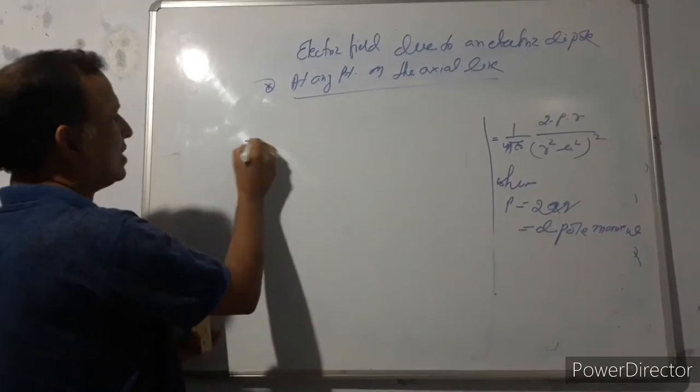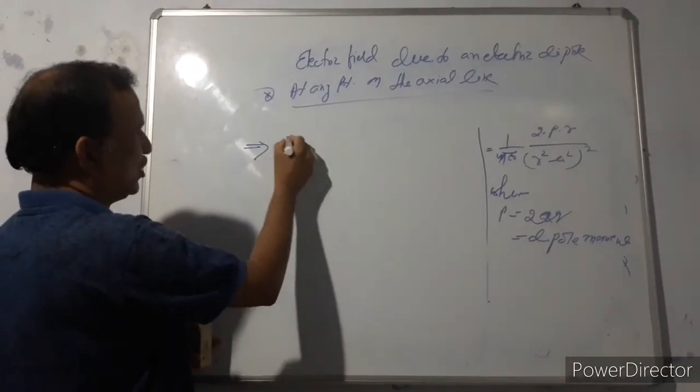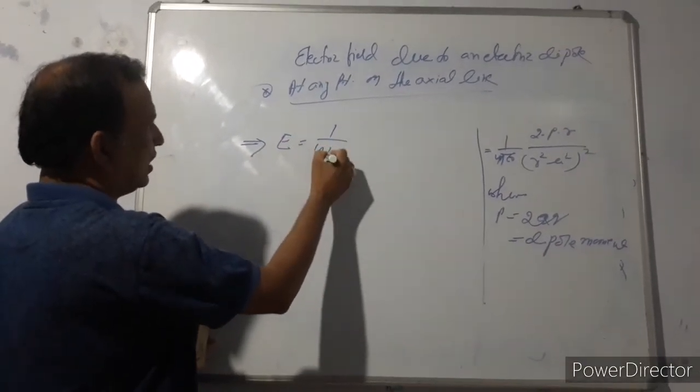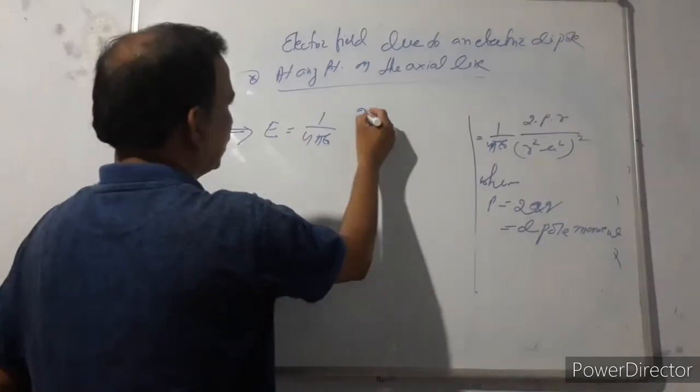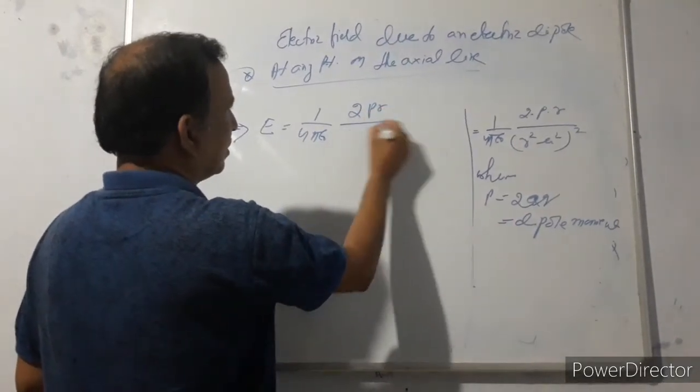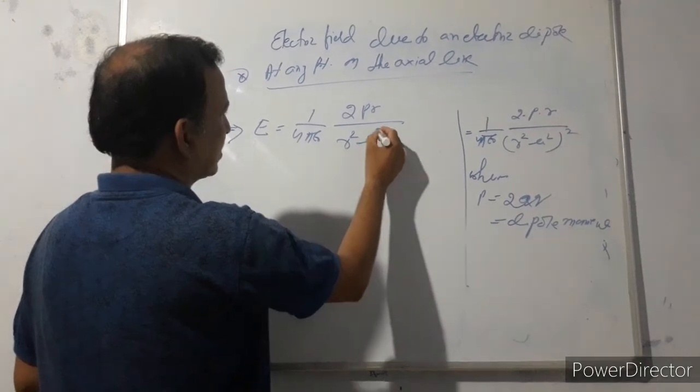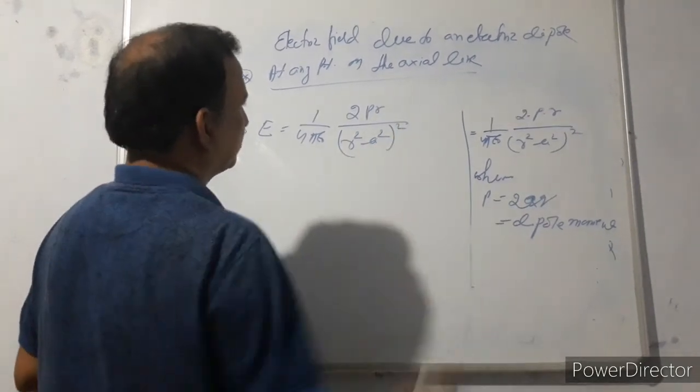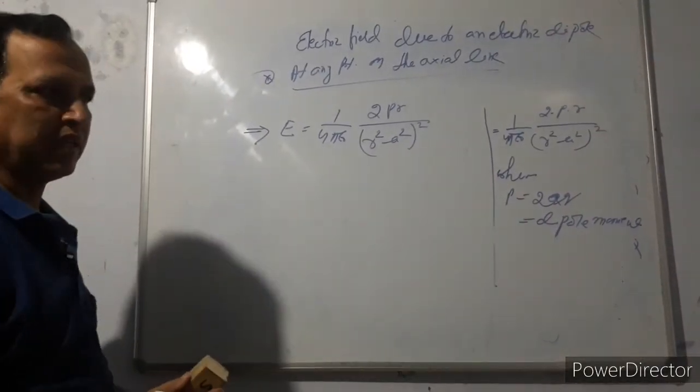So we know E is equal to 1 by 4 pi epsilon naught 2 p r by r square minus a square whole square along AP produced.